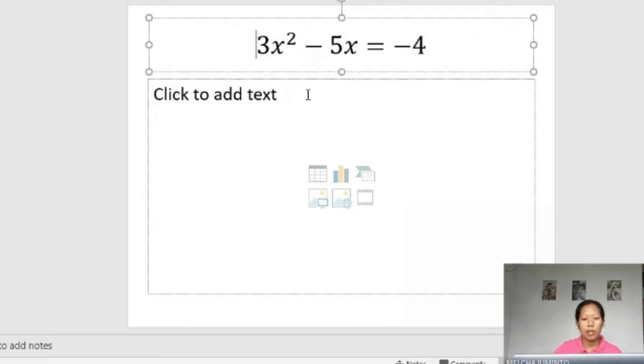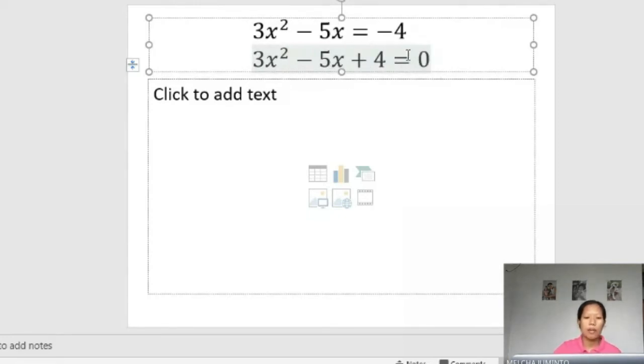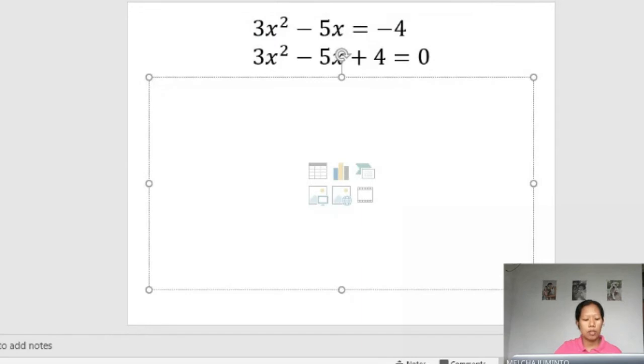Okay, we have this equation: 3x squared minus 5x is equal to negative 4. Let us first write it in standard form so that we can determine the values of a, b, and c. It will become positive 4 equals 0. So we have the standard form of the equation as 3x squared minus 5x plus 4 equals 0.